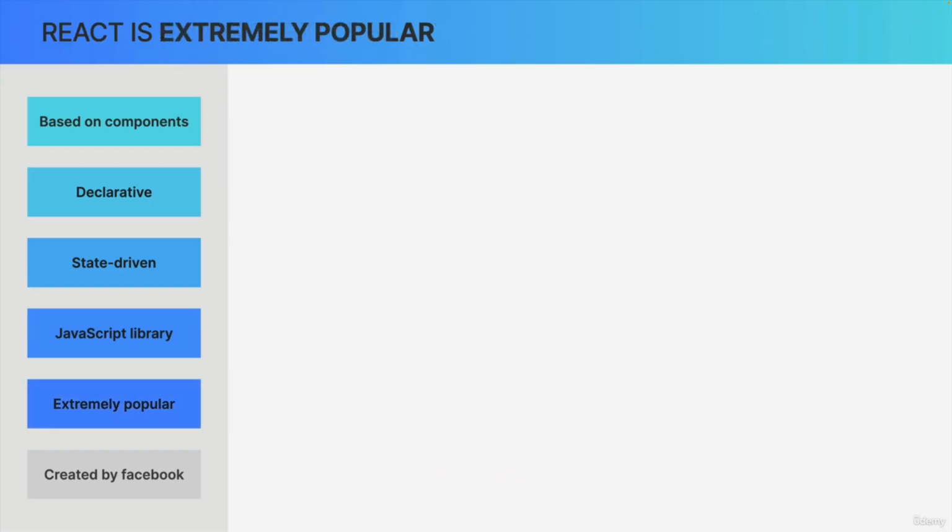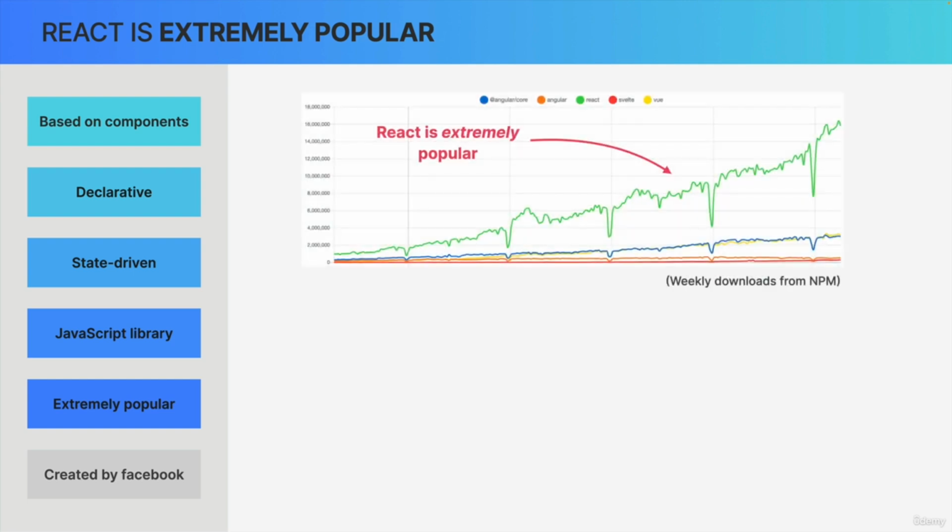Now, moving on, besides all the great features that we've been talking about, maybe the biggest reason to choose React over all the other frameworks that are similar is because React is extremely popular. So, according to the weekly download numbers from NPM, React is by far the most used framework, and the difference between React and the other ones only seems to be growing. So React really isn't going anywhere.